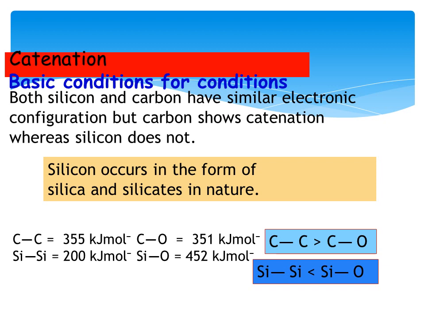The basic reason is that both are present in the same group, sharing the same electronic configuration, and both are tetravalent, but the second condition is not completely fulfilled by silicon, while carbon strictly fulfills the second condition, which is related to the strength of the bond. The carbon-carbon bond strength is about 355 and the carbon-oxygen bond strength is about 351, so the carbon-carbon bond is stronger than the carbon-oxygen bond.